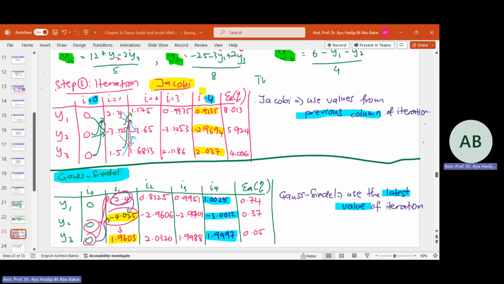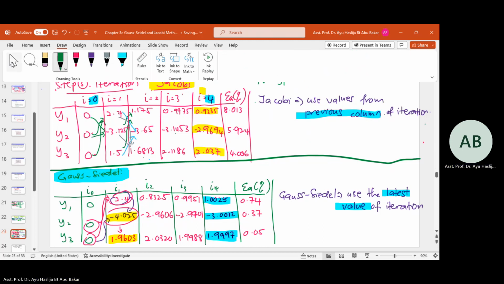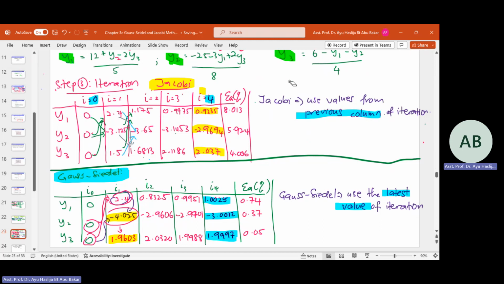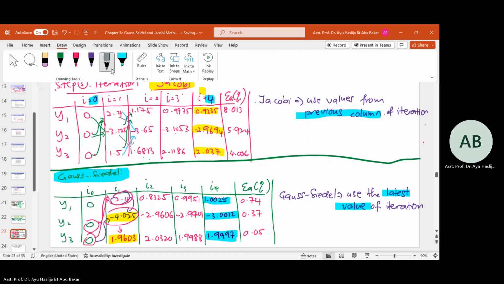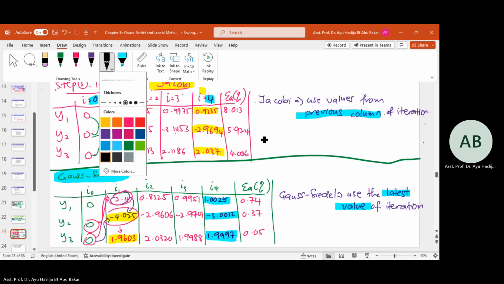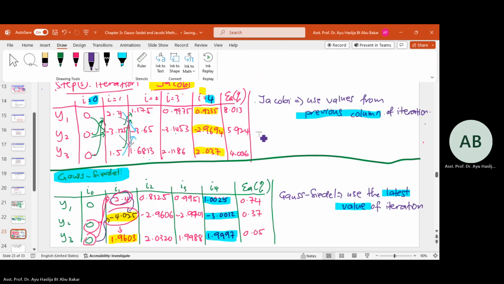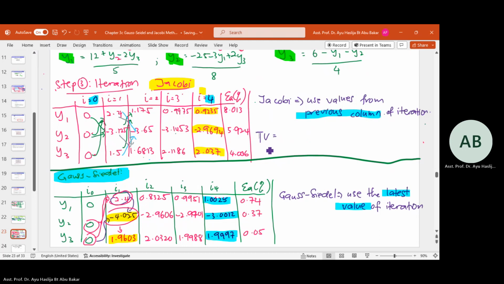True value is two. I read it properly. This one is from the previous Gauss elimination example.